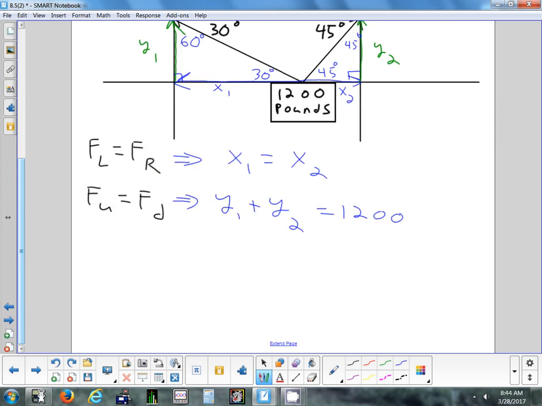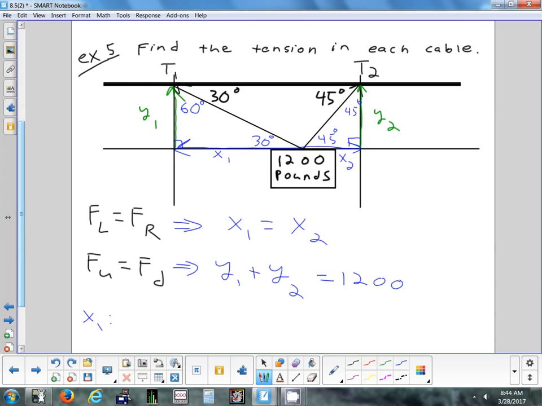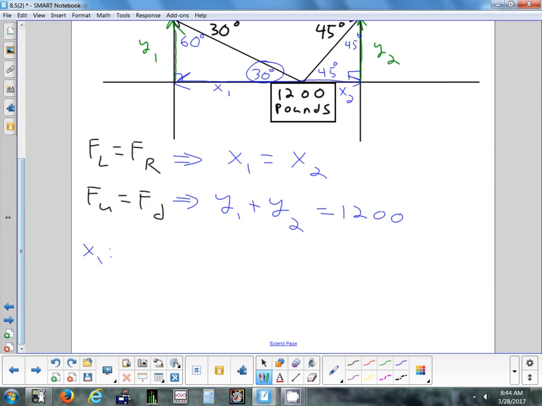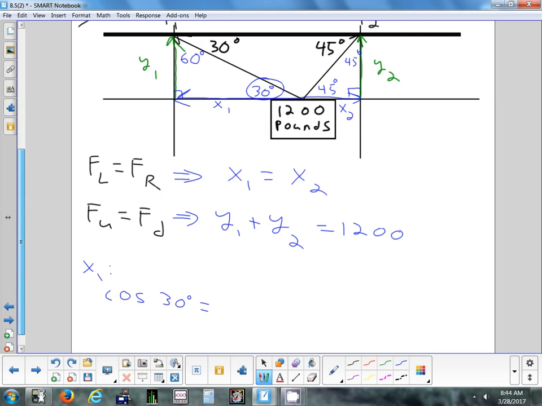All right, so let's start with x1. We're not really finding x1, we're just coming up with a formula for it. What trig function could I use? And let's do it from the perspective of that angle. What trig function could I use that would involve x1 and the hypotenuse? Cosine. So it would be cosine of 30 equals what?